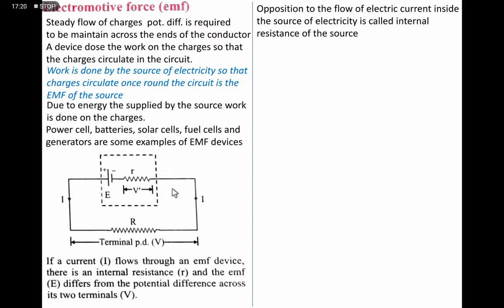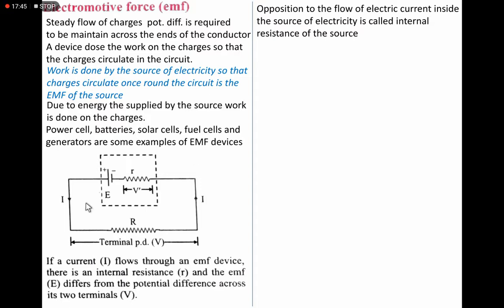Inside the source, electrons move from positive terminal to negative terminal, and positive charges move from negative terminal to positive terminal.